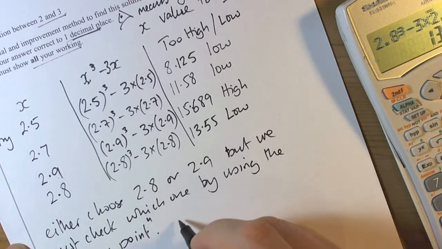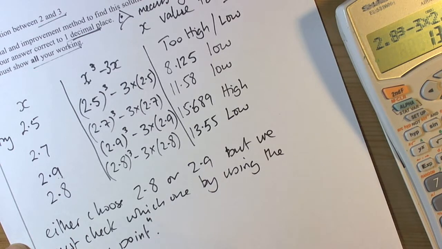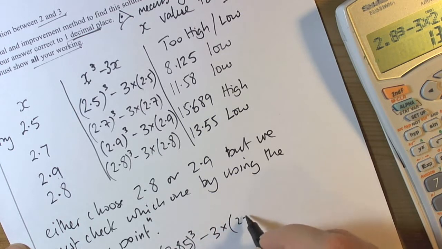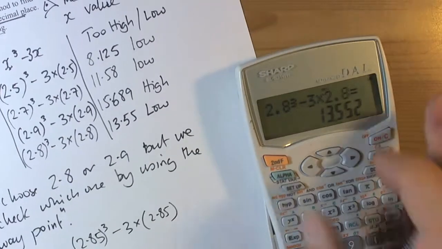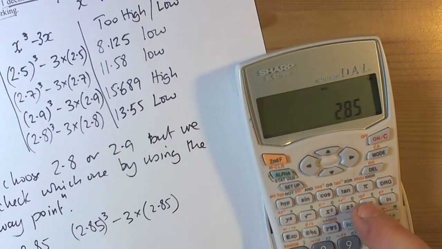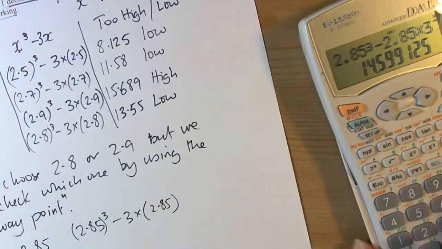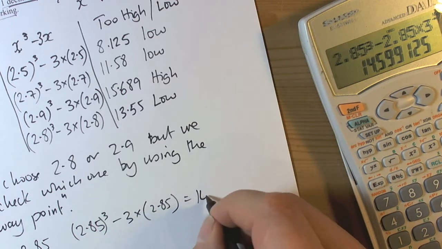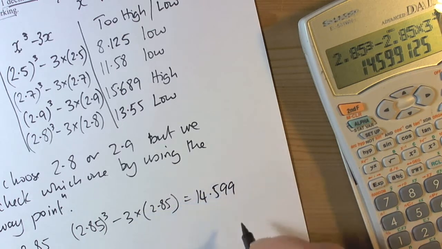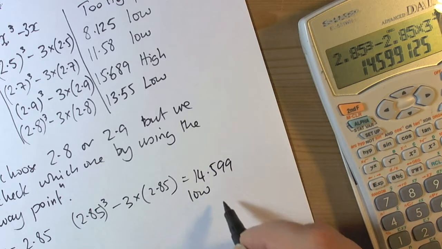So that means we're going to try x equals 2.85. So 2.85 cubed, take away 3 times 2.85. That gave me an answer of 14.599, so this was low.